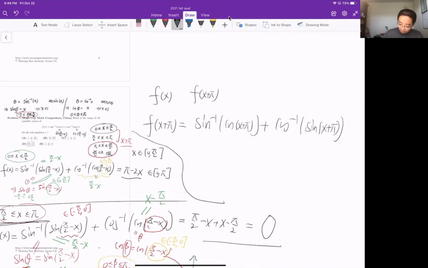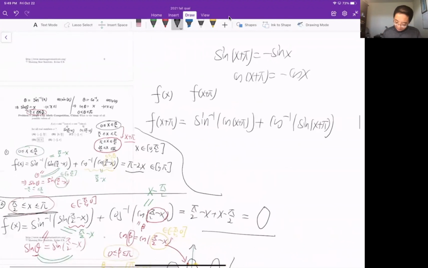Let's recall the trigonometric identities: sine(x + pi) is negative sine x, and cosine(x + pi) is negative cosine x. So this is sine inverse of negative sine x, and this is cosine inverse of negative cosine x.